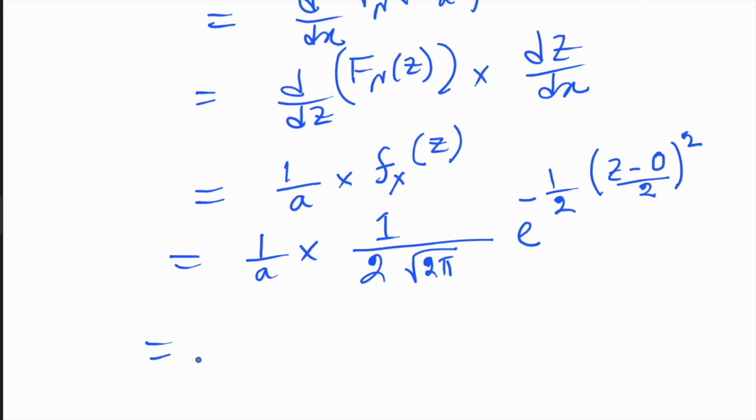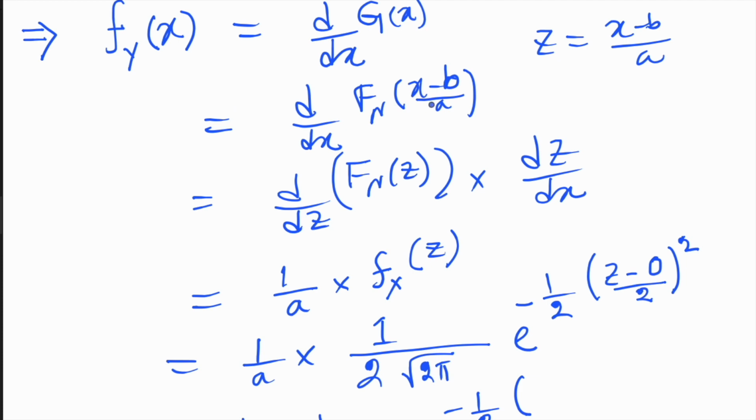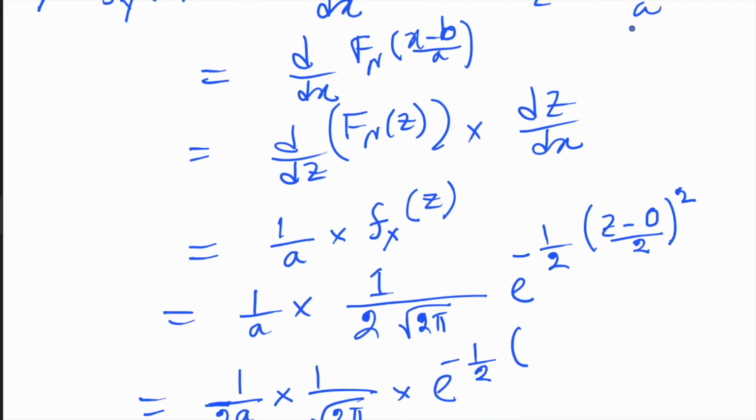So this is 1 over a into 1 by 2a root 2 pi, e to the power minus half, and z is (x minus b) by a, so (x minus b) by 2a, squared.